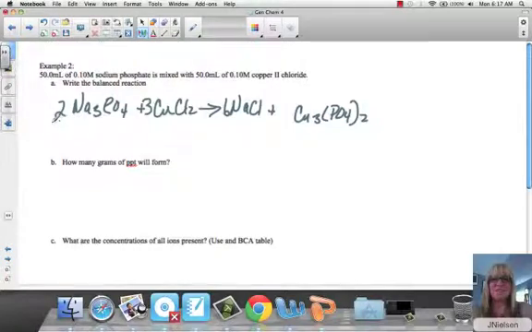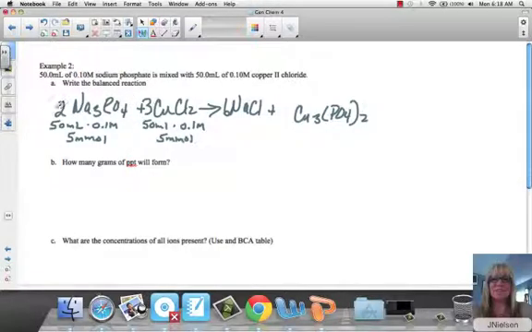We've got 50 mils and 0.1 molar, which is going to give us 5 millimoles. And we've got 50 mils of 0.1 molar, which is also 5 millimoles. Now you can look at this intuitively.